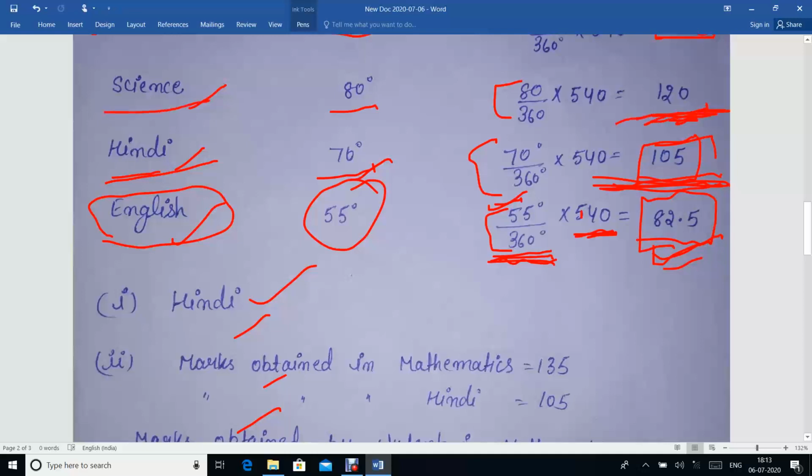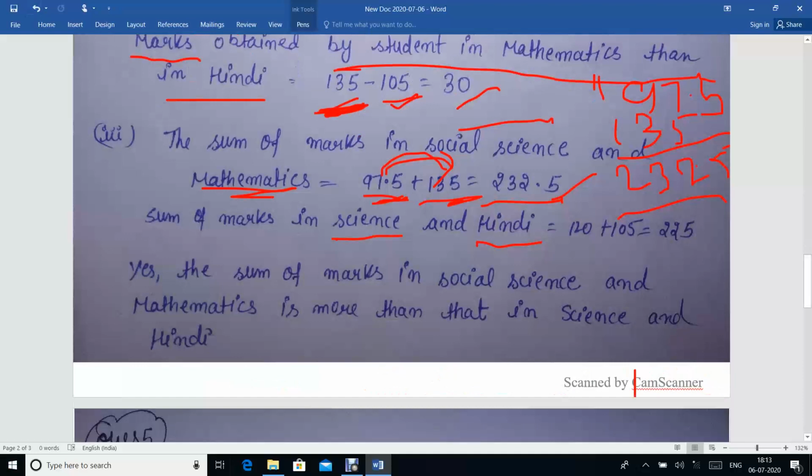So this time you have to add 120 and 105. See, 120 plus 105 is equal to 225, means he got 225 marks in science and Hindi combined.